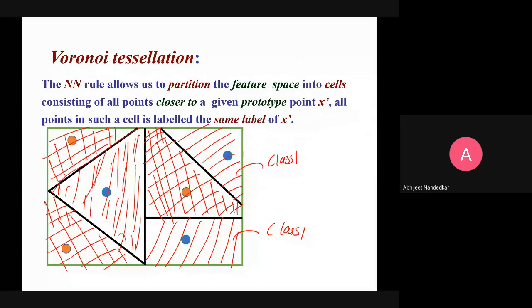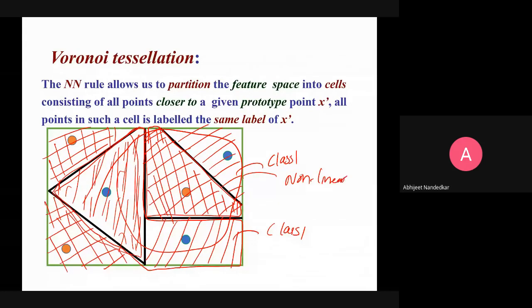This is a zone which belongs to class 1, and this zone, which is class 2, is actually submerged in this class 1 zone. So this is a non-linear boundary implementation.